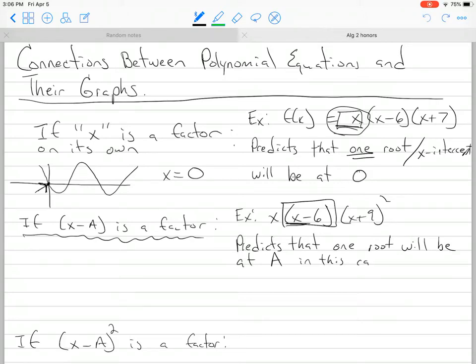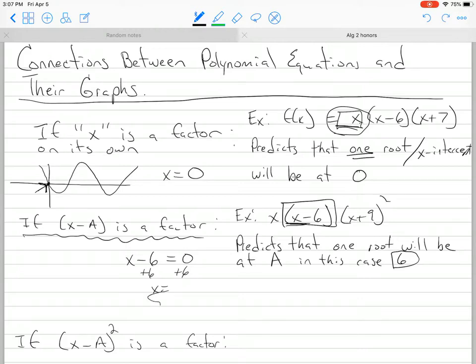In this case, 6. I know this because if I'm going to find the root, I need x minus 6 to equal 0. What do I have to put in here to get an output of 0? I need x to be 6.